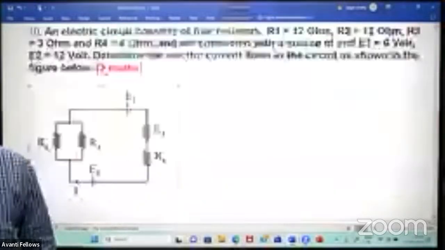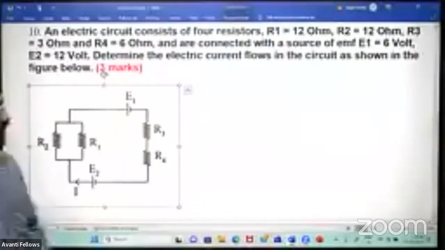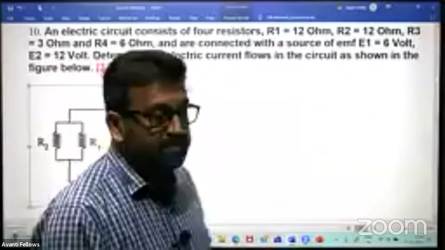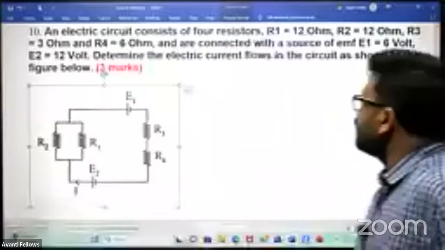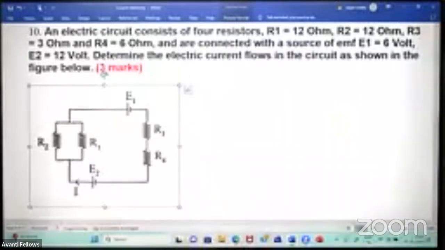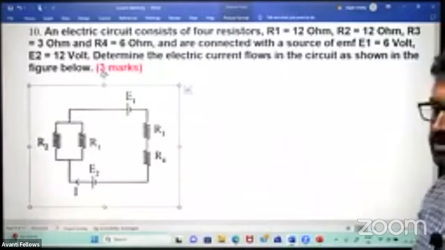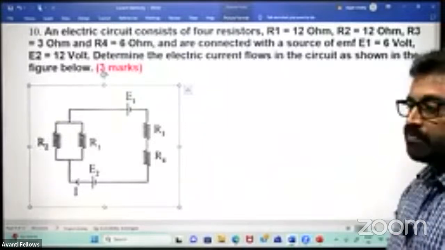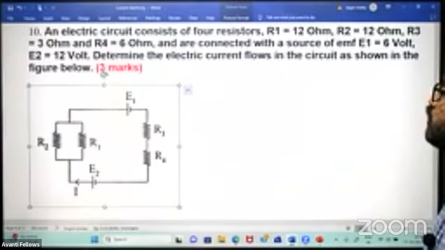See this question. The electric circuit consists of 4 resistors, R1 12 ohm, R2 12 ohm, R3 3 ohm, R4 6 ohm, and are connected with sources of EMF E1 6 volt and E2 12 volt.